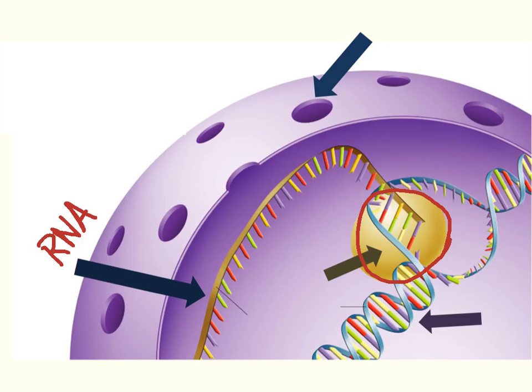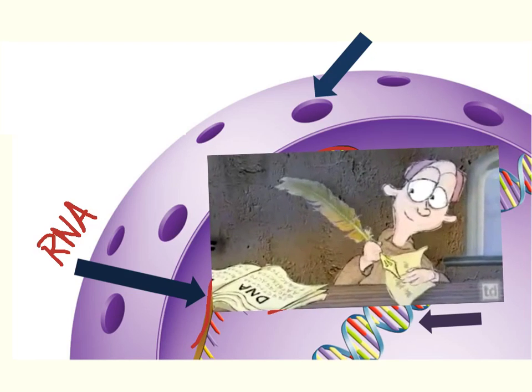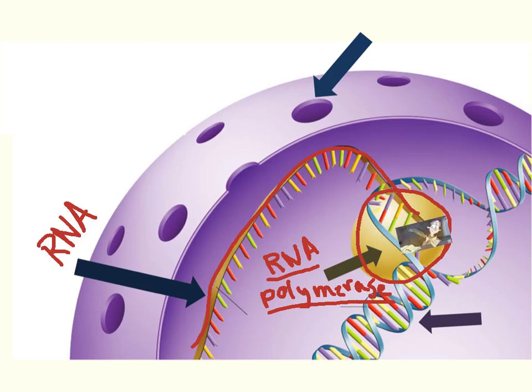This enzyme is named very appropriately. It's called RNA polymerase because the -ase tells us that it's an enzyme, and what does this enzyme make? It makes RNA polymers, that is those long RNA chains like the one you see right here. This enzyme, by the way, is that scribe making copies of the DNA, those RNA molecules, never forget.